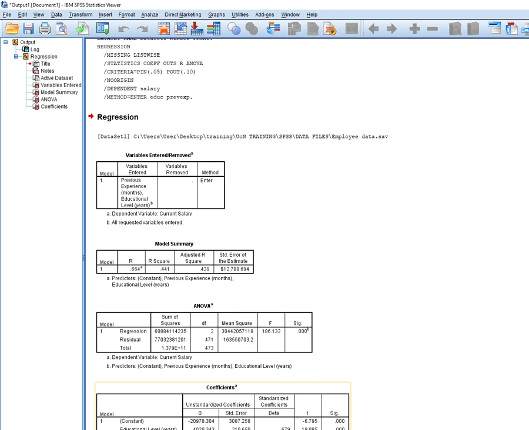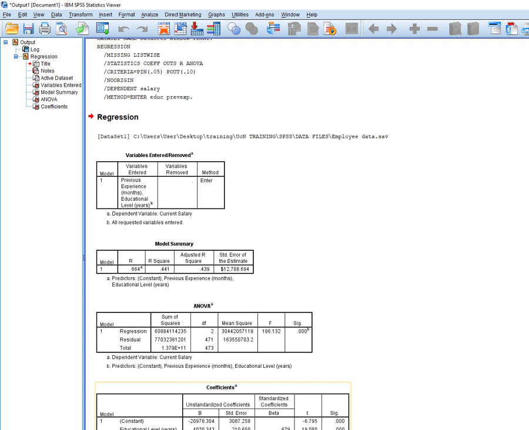You can tell by either using the p-value or the beta coefficient. $12 against $4,000. Of course, $4,000 is a greater predictor of salary compared to 12. So when you combine these 12 and $4,000, all these changes is what we say is 44%. Other factors which are not here account for the remaining 56%.